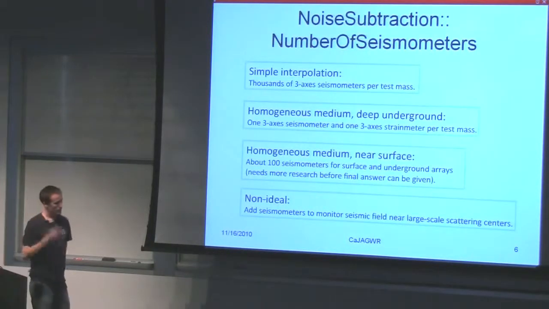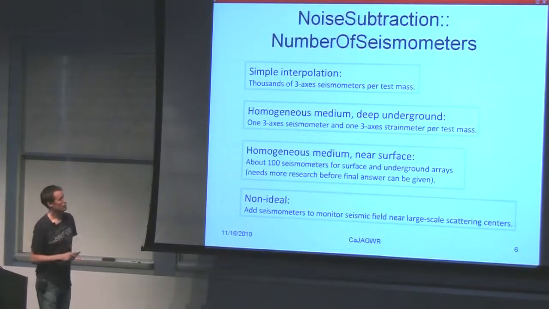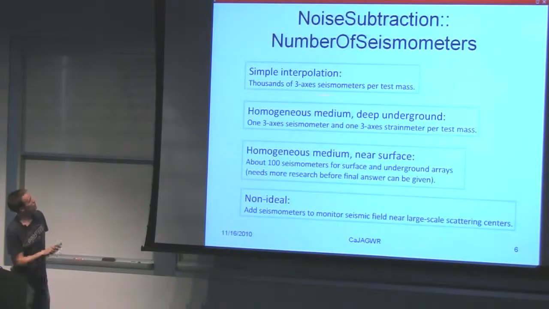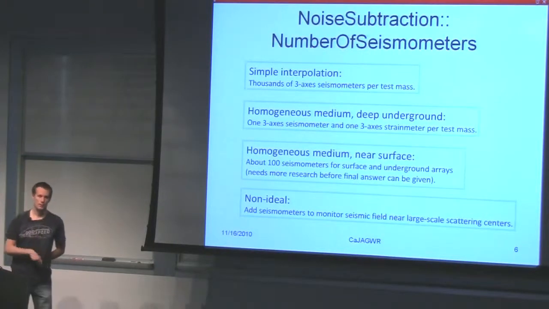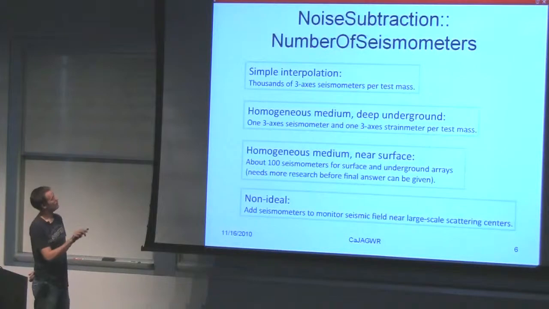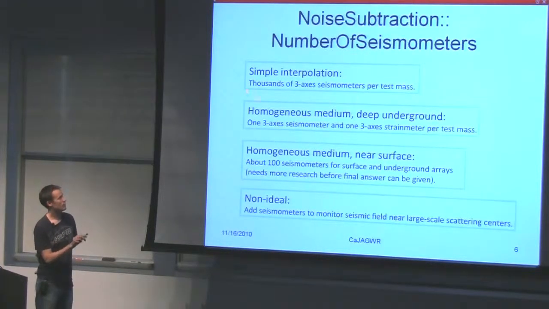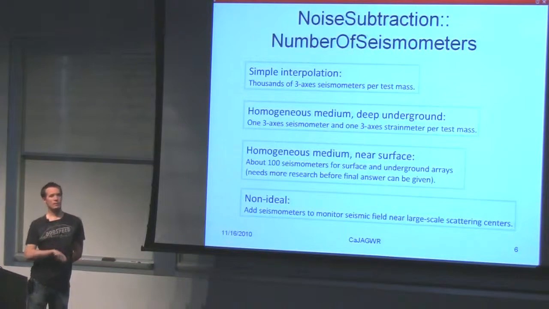In general, what can we say about the arrays that we have to use? We showed early that if you have a homogeneous medium and your detector, that means your test mass, is far underground, then all you need to model the Newtonian noise is some seismometer, or some pair of seismometers, at the location of the test mass, and this information will be all you need to model the entire gravity gradient or Newtonian noise.